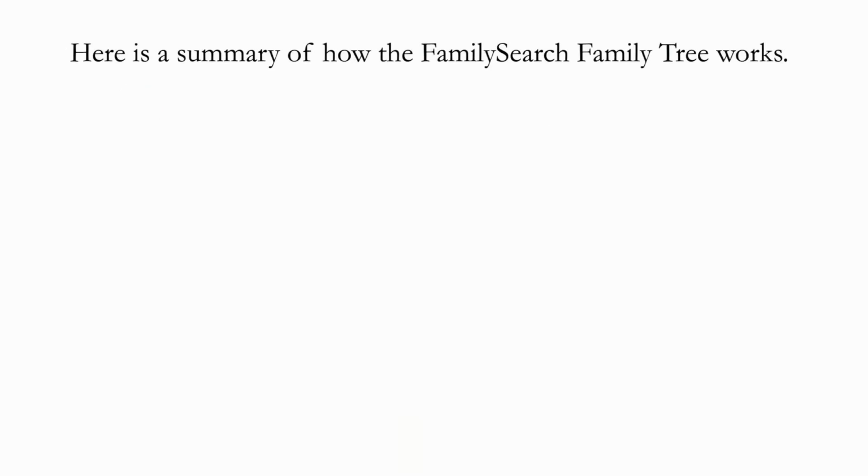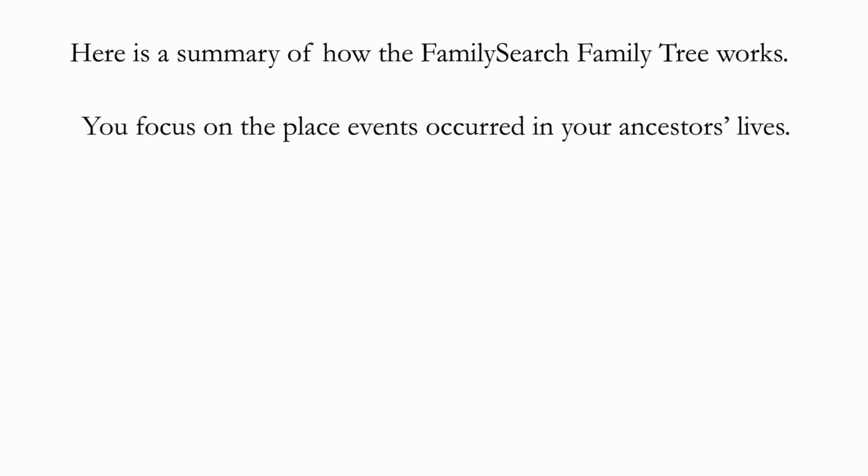So here's a summary of how this works as we're going through with the FamilySearch family tree. First of all, you start out focusing on places, not names, not dates, not what you heard from your grandmother, whatever. You need to know what the date was. The simple rule is that we record the date as it was at the time the event occurred.